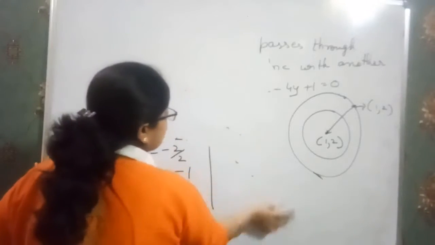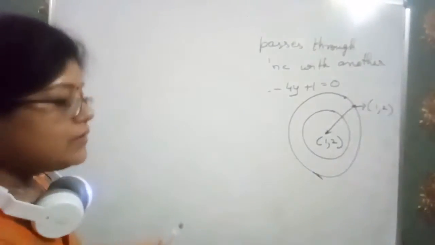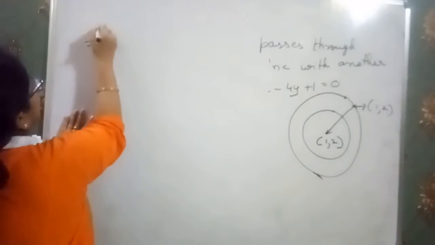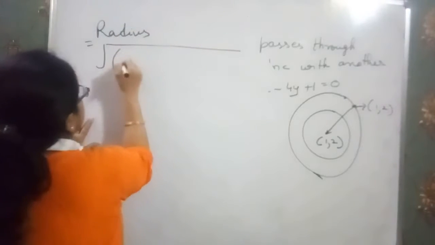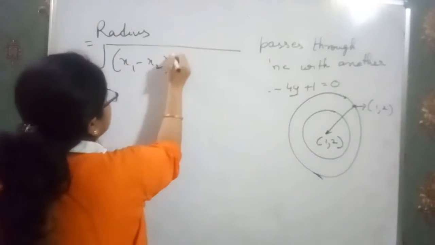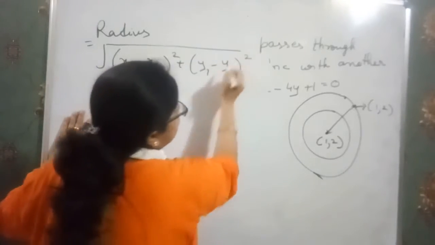What is the distance formula? I think you know. Our radius is under root x1 minus x2 whole square plus y1 minus y2 whole square.